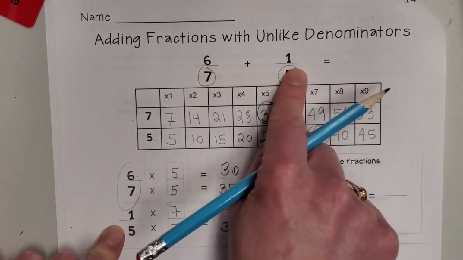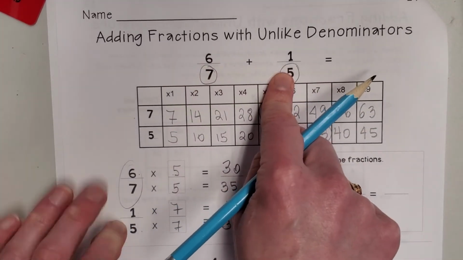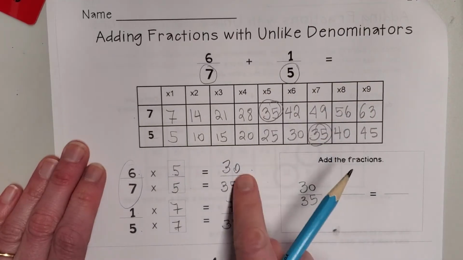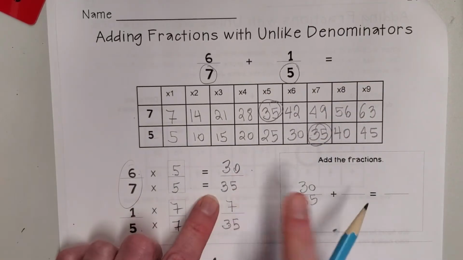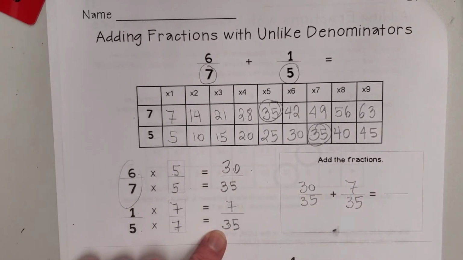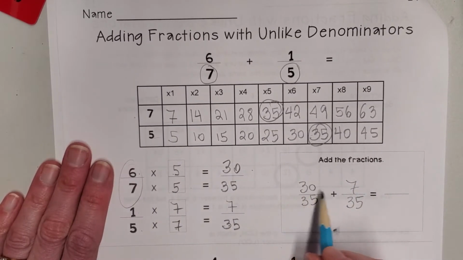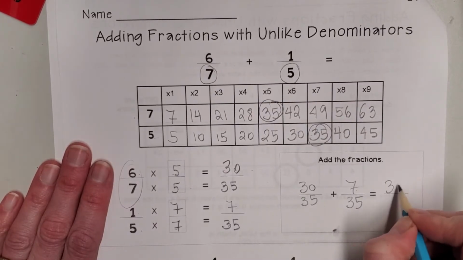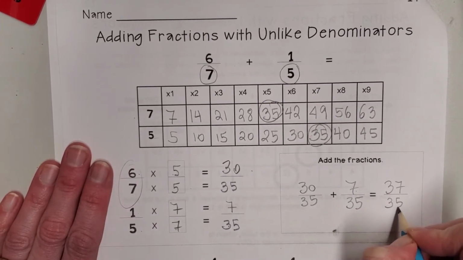We're rewriting this equation, 6/7 plus 1/5, with these new numbers: 30/35 plus 7/35. Let's add those. 30 plus 7 is 37/35.